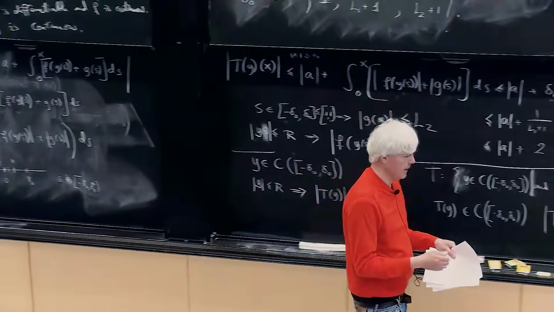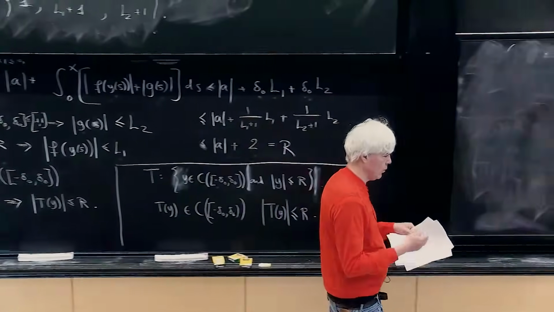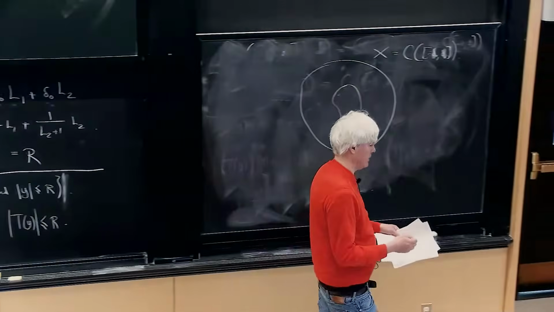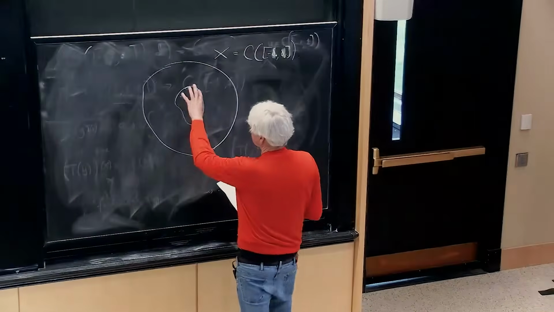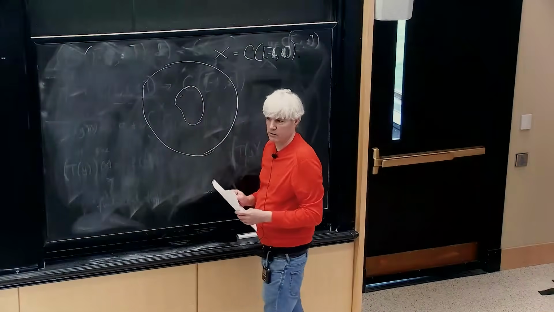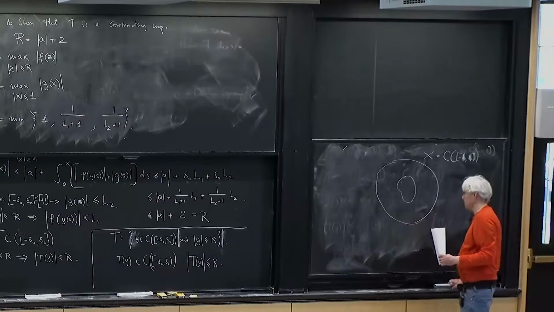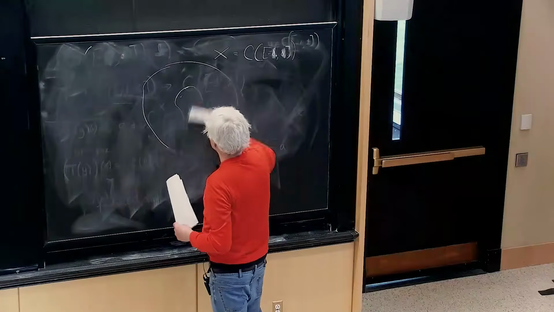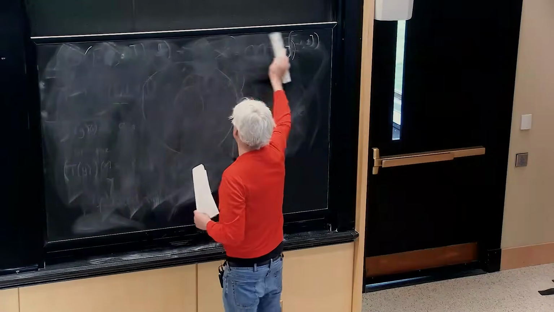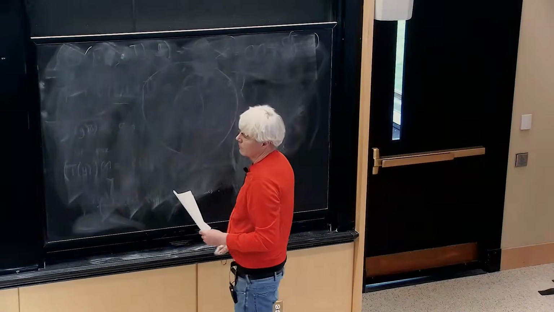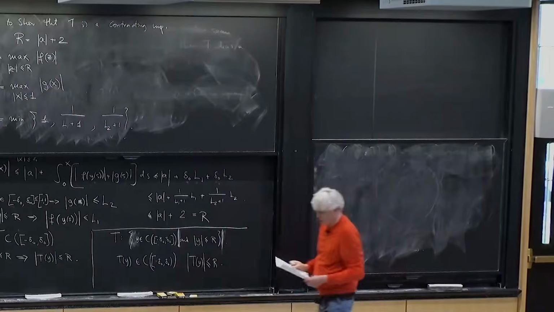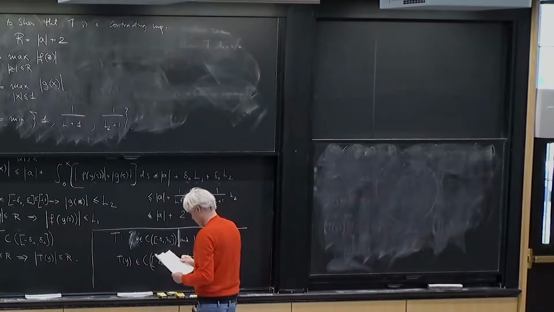You want to pick some point, and then you want to keep applying the contracting map. So you want it to stay in the space where it is contracting, right? And so this is what we did in 1. But we haven't yet proved that the map is contracting. And so now to prove that the map is contracting, we're going to further restrict the interval, okay?